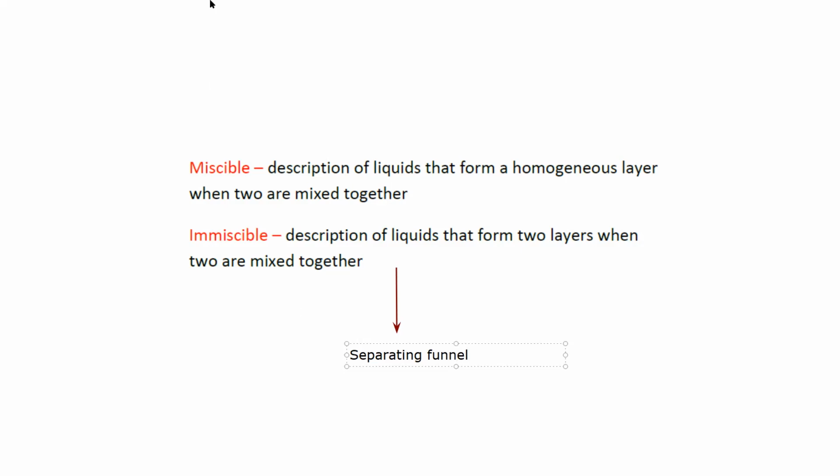And if we want to separate miscible liquids from each other, the technique is called fractional distillation. So to separate miscible liquids from each other, we use fractional distillation. To separate immiscible liquids, liquids which do not mix with each other, we use a separating funnel.